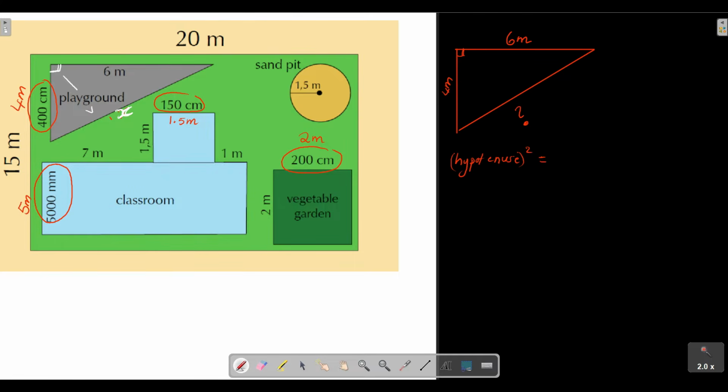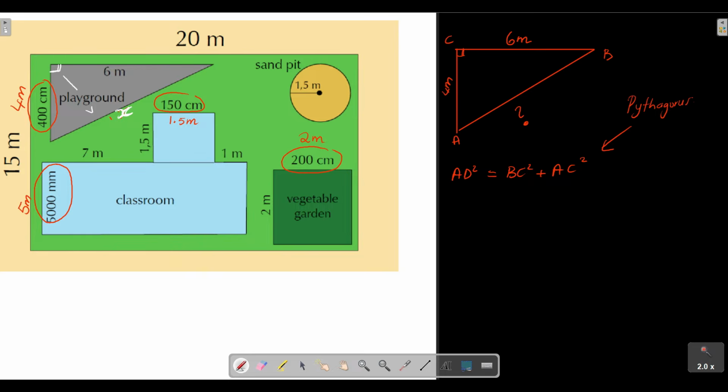Let's say this is my triangle ABC. So to calculate the hypotenuse, side AD squared is equal to side BC squared plus side AC squared. That is how we calculate that unknown side using the theorem of Pythagoras.